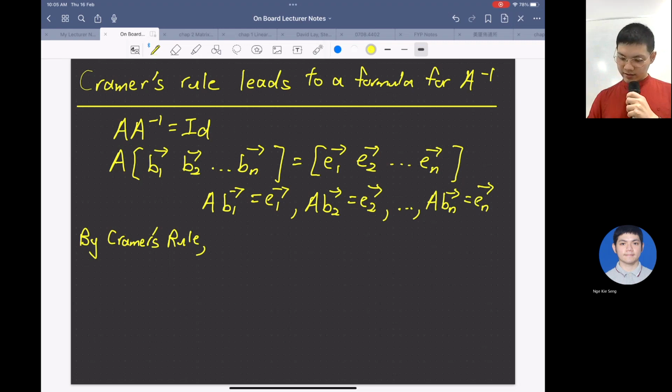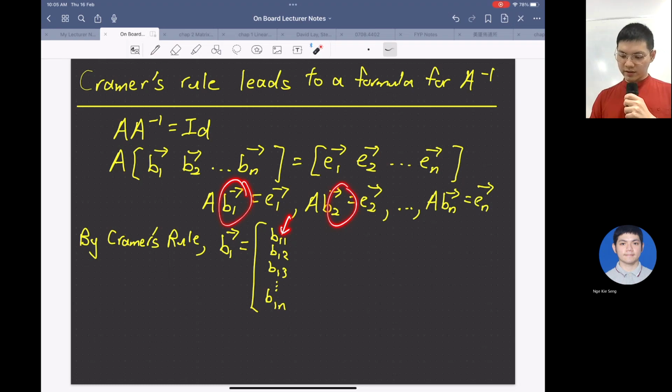Let's name them B11, B12, B13, and so on. The first subscript comes from which row you consider, and the second subscript labels the sequence in your vectors.